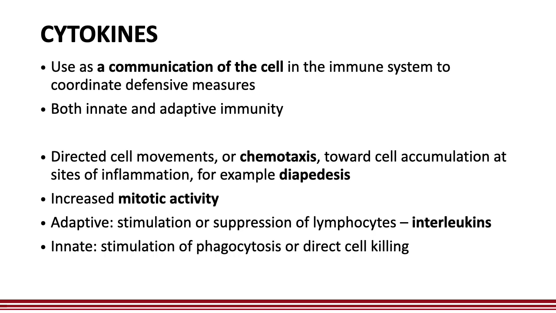They mediate chemotaxis, which is the movement of WBCs towards the site of inflammation, and they also mediate diapedesis, which is the movement of white blood cells from the blood to the tissue space. Cytokines also stimulate increased mitotic activity, and as mentioned, they stimulate phagocytosis or direct cell killing.